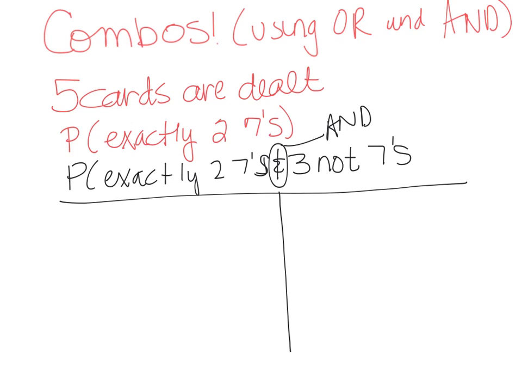We could do, how many ways are there to choose the 2 sevens from the 4 possible sevens, not caring about the order, so it's a combination, not a permutation, times the number of ways you can choose the 3 non-7s. And if you think about it, there are 48 cards that are not 7s, okay?